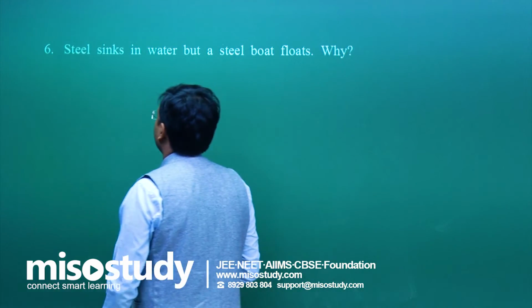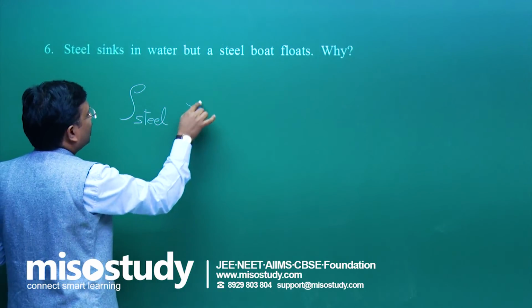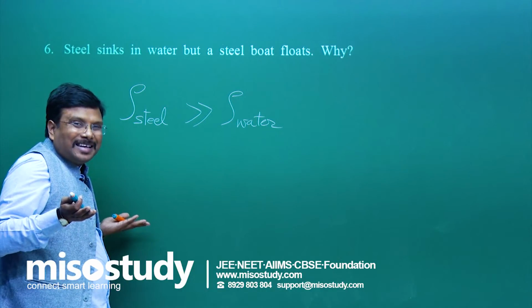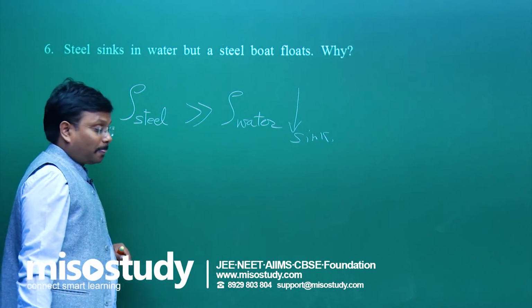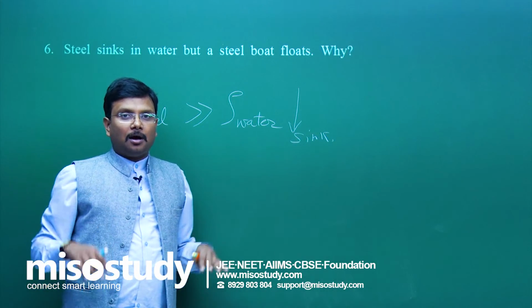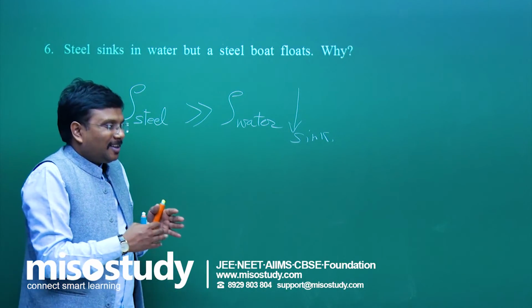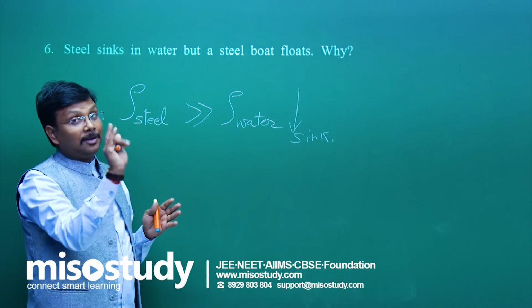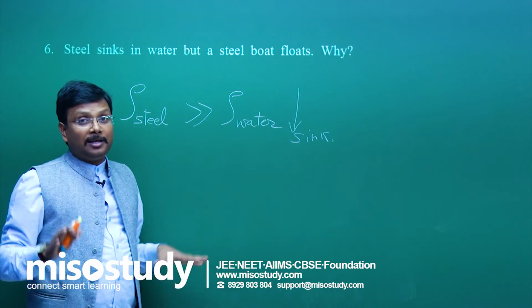So here the answer is: rho steel is very much greater than rho water, so steel will sink, but the boat will float because, due to its large surface area, the boat will displace a huge amount of water, and because of the upthrust, that is equal to the weight of the liquid displaced by this boat.